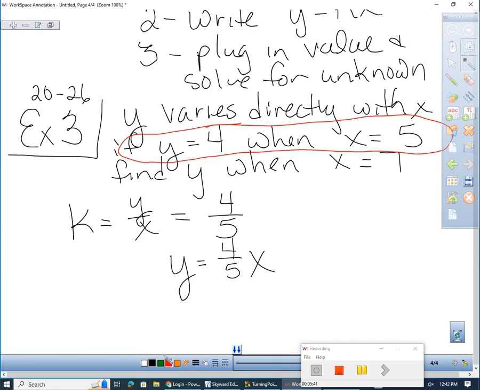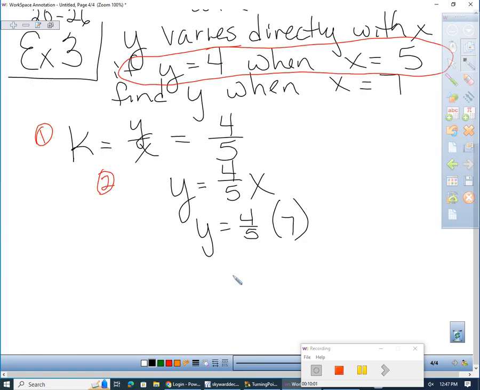Right? So this was step number 1. This was step number 2. Step number 3, we use the last line. It says find y, so that's our unknown, when x equals 7. So what do you think I do? Plug 7 in. So I have y equals 4 over 5 times 7, or y equals 28 over 5. And you leave it just like that. That's step number 3.